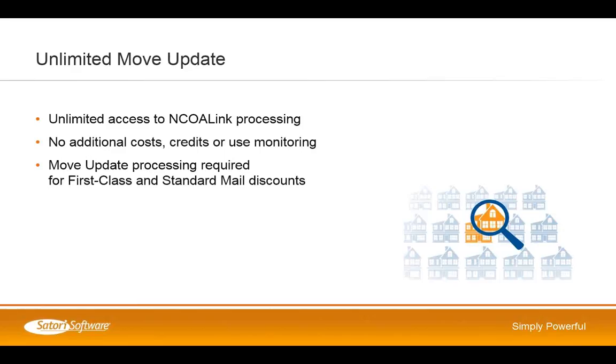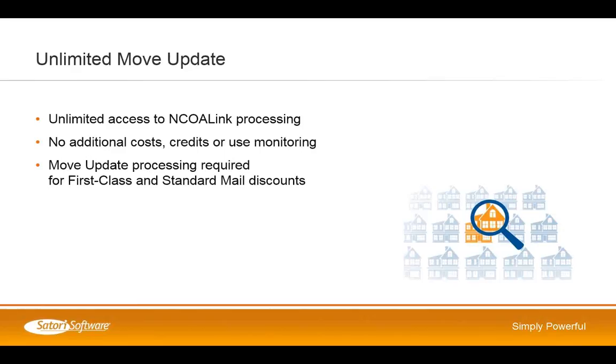So, a sense of scope here: unlimited, suited for small, medium, or large mailers? Really, any size of mailer can use the Unlimited Move Update option. Sometimes you're running really large lists, but you don't run them very frequently. We have some customers who do that. And sometimes you're running a whole bunch of little tiny jobs, maybe 500, 2,000 pieces at a time.